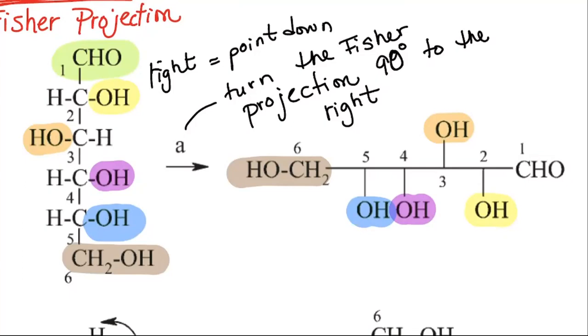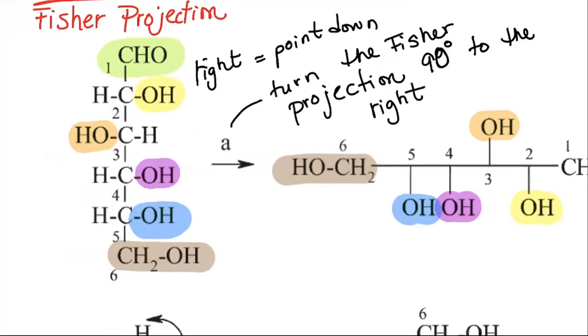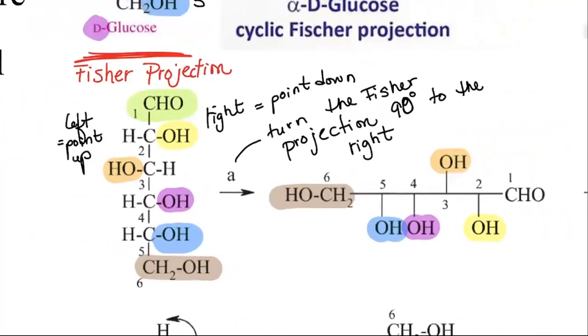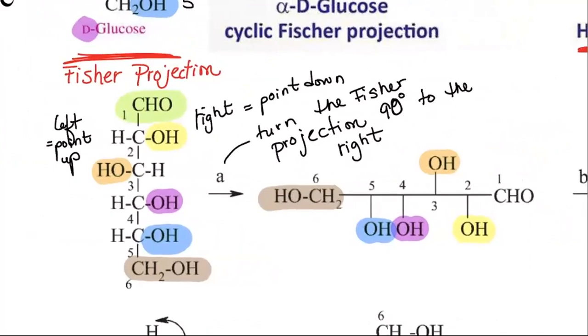Anything that is on the left is going to point up, okay? Put a 2 in the chat if at least this first step makes sense. We're going to do at least one practice problem so you guys know how to draw the Haworth projection, okay?